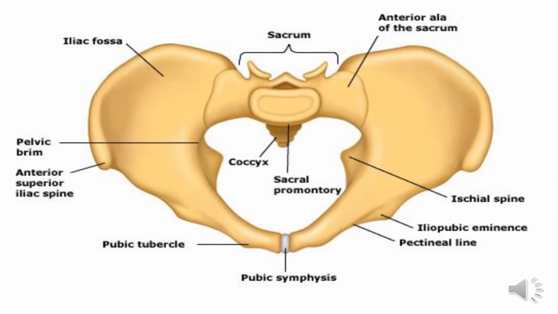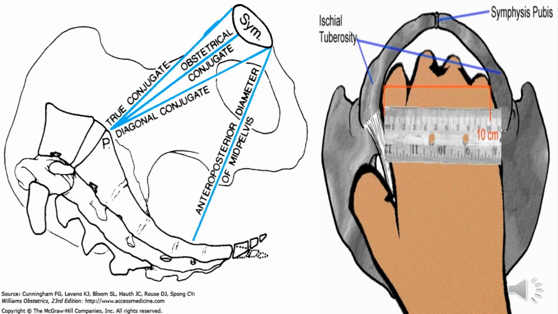Here also, as you see, this is the ischial spine. We find the distance between the two ischial spines by the fist of the hand.